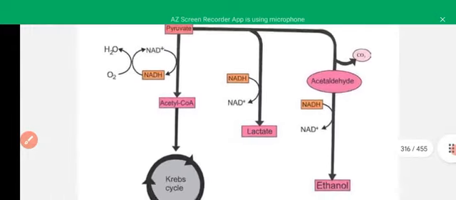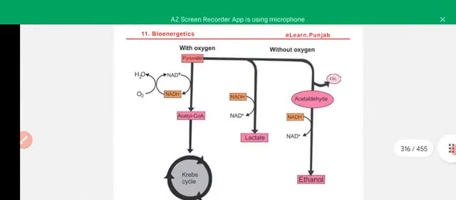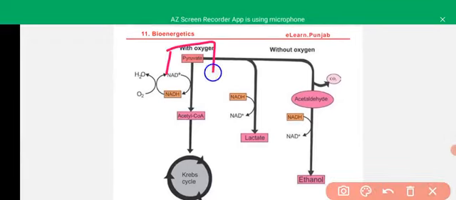Here are the basics of respiration types. We know pyruvate is formed by the glycolysis process, which is common to both aerobic and anaerobic respiration. And this pyruvic acid, either in the presence or in the absence of oxygen, is the real game.